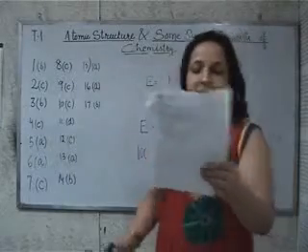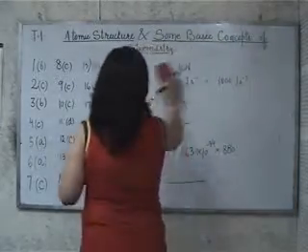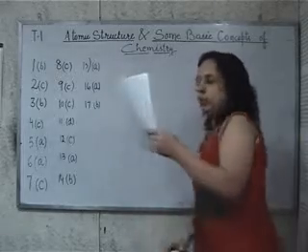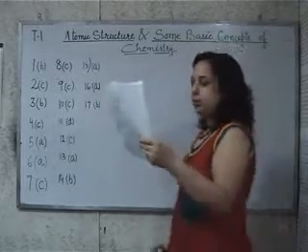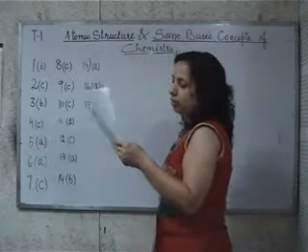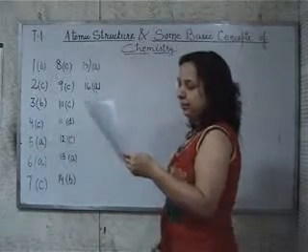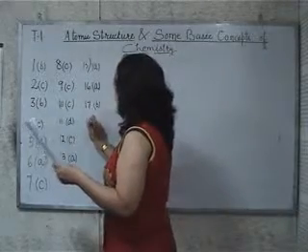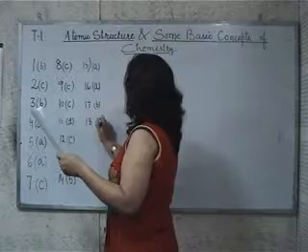18th question. Question number 18: volume of water that must be added to 100 centimeter cube of 0.5 normal sulfuric acid to get decinormal concentration is. Option is D, delta.